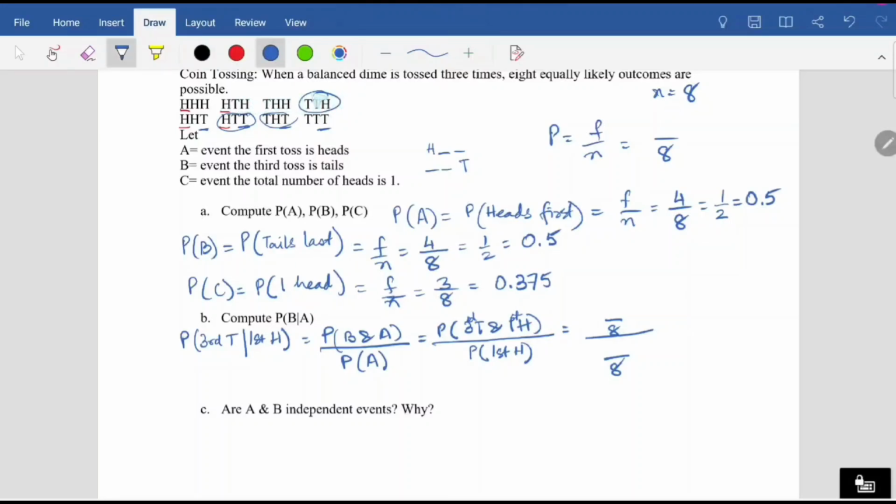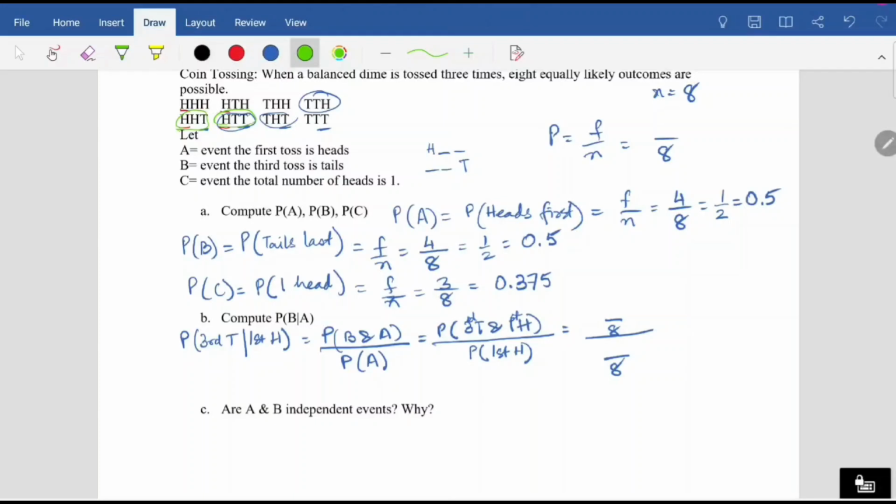So we have, let's use a different color, third toss, this is 1 and this is 1, and those two are the only ones, correct?